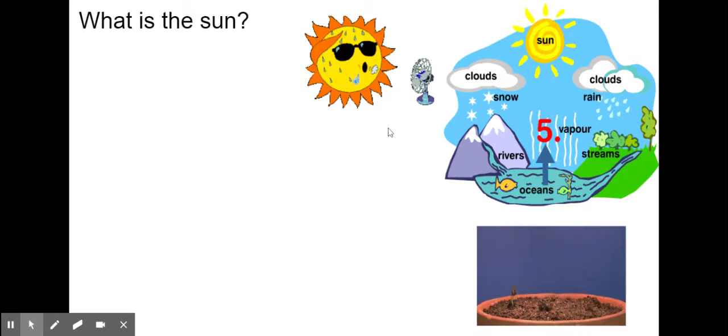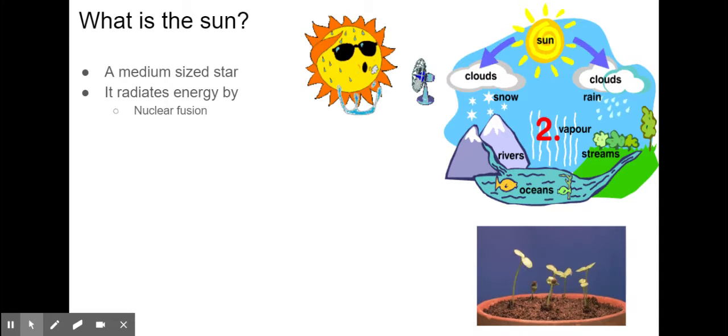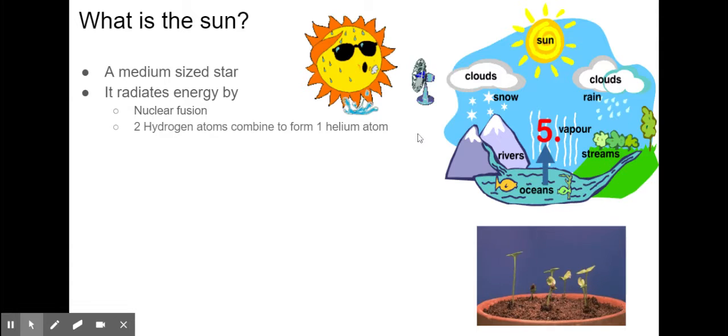What is the sun? The sun is a medium-sized star. It radiates energy by nuclear fusion. Two hydrogen atoms combine to form one helium atom.